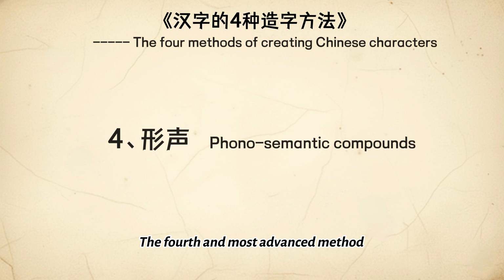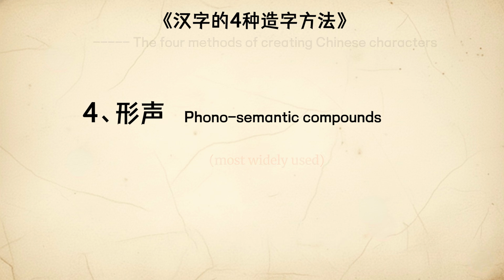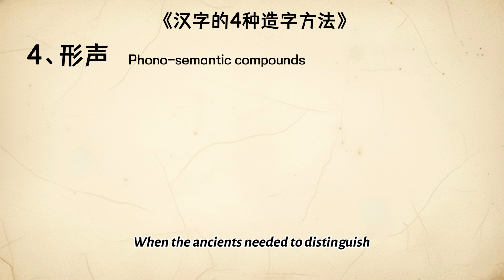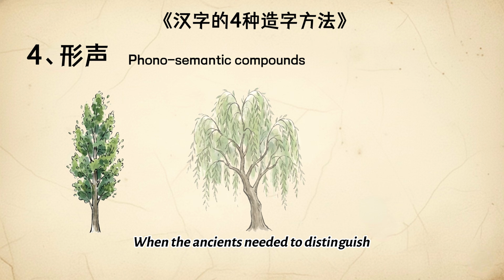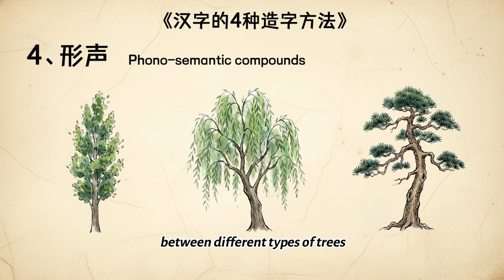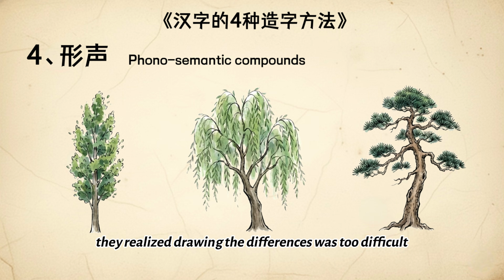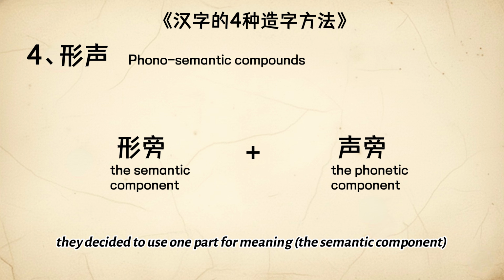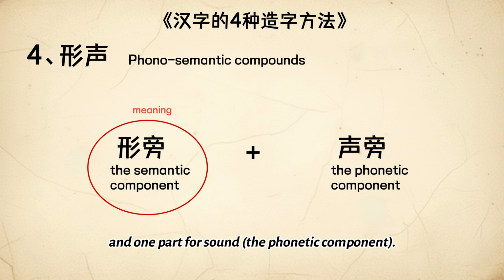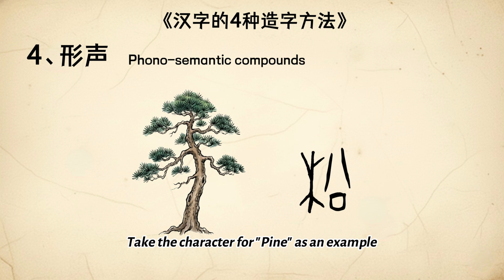The fourth and most advanced method is the phonosemantic compound. For example, when the ancients needed to distinguish between different types of trees, they realized drawing the differences was too difficult. So they decided to use one part for meaning and one part for sound. Take the character for pine as an example.